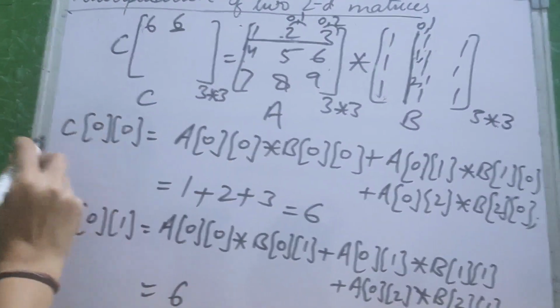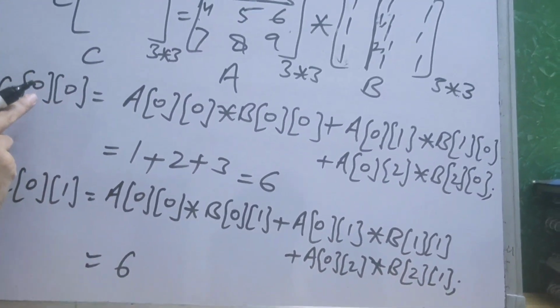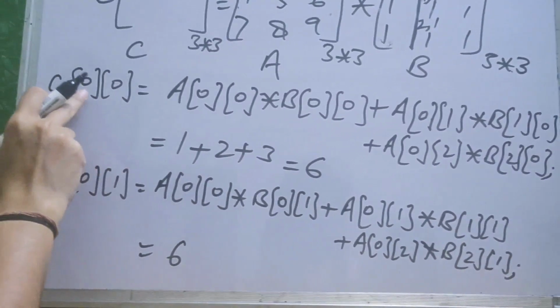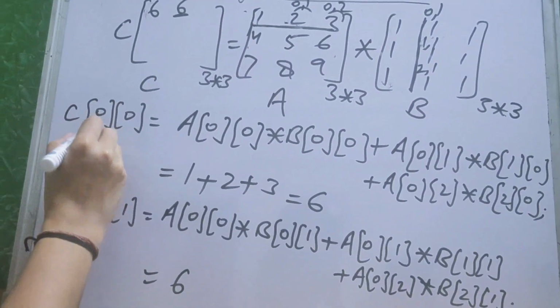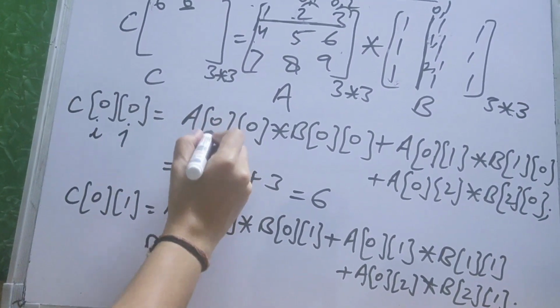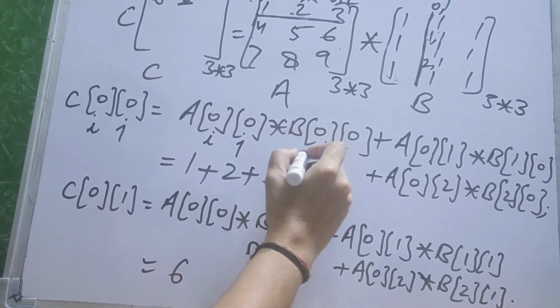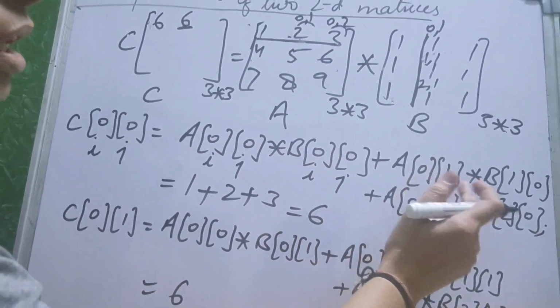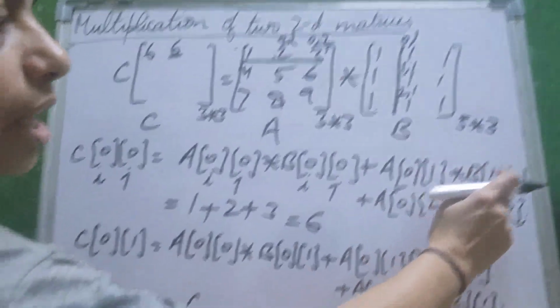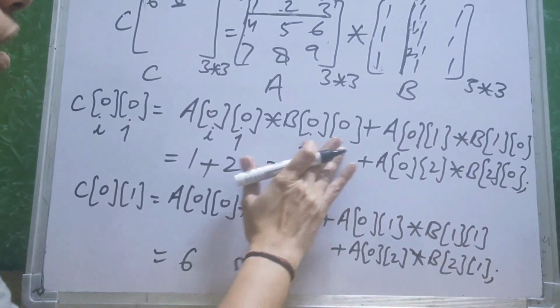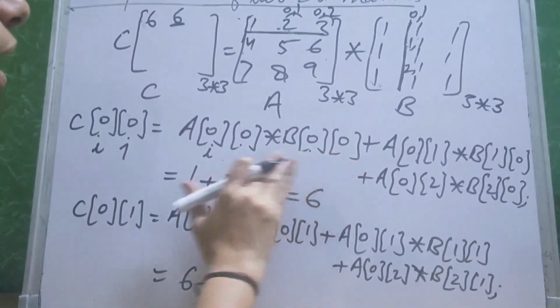So as we can check 0 0, if I take C ij, then we can write it as ij, but we can't write it only as ij, so we have to take another loop.